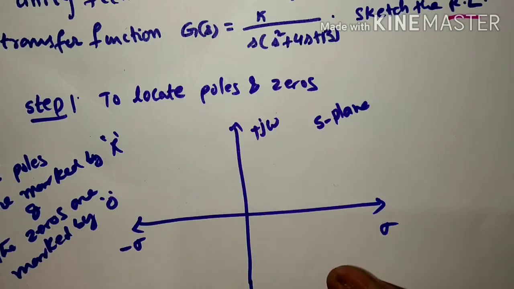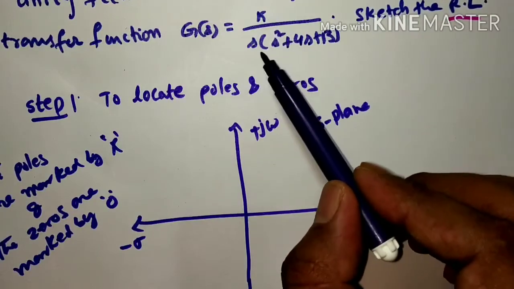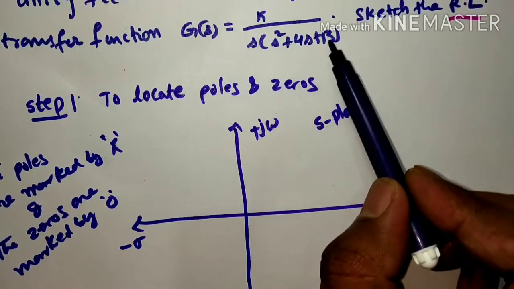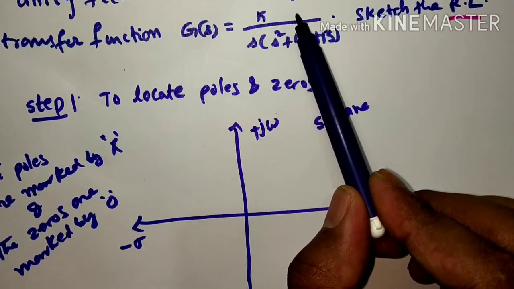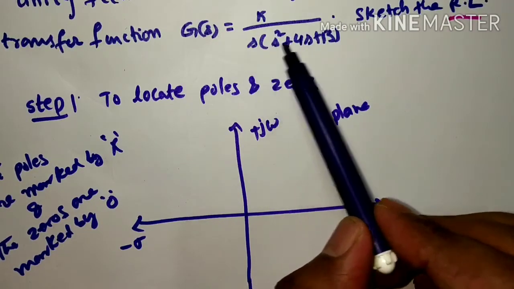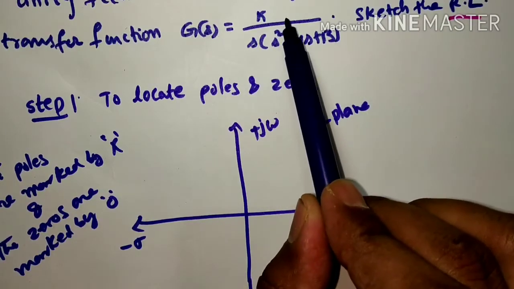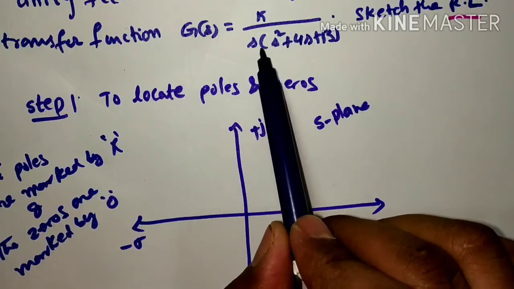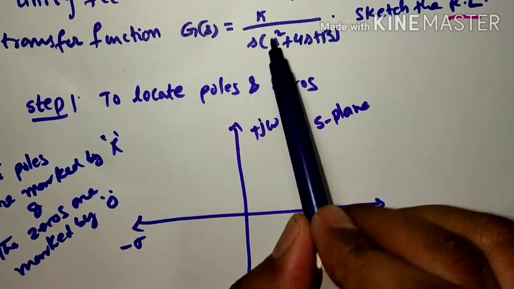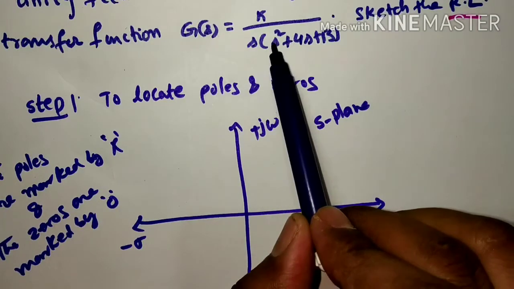So how many poles do we have? This is our transfer function, G(s) = K / (s(s² + 4s + 13)). The numerator contains zeros and the denominator contains poles. In the numerator there are no zeros. In the denominator, if we multiply s into s², we get s cubed.